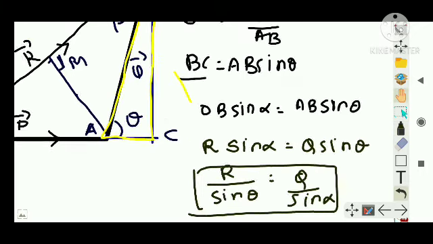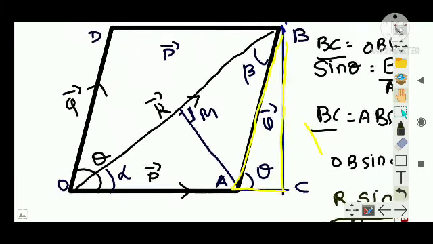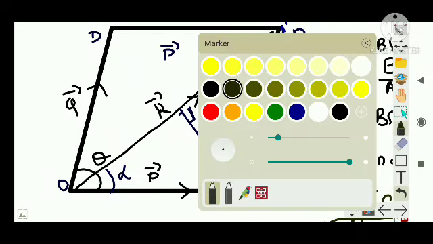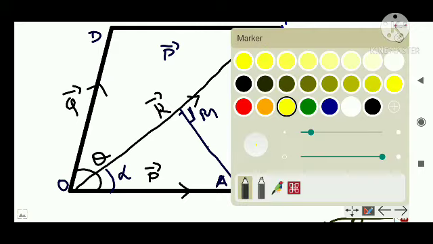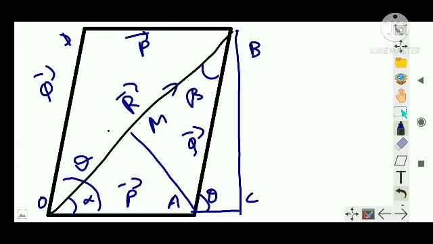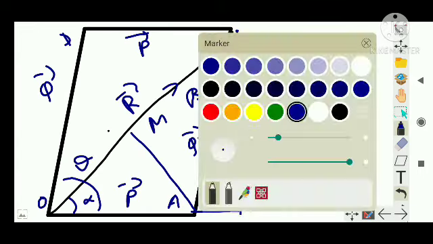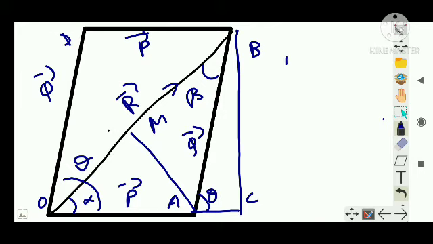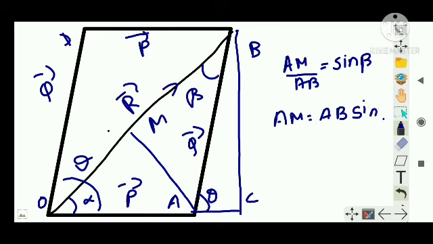Now I'm going to consider something else in the same figure itself. Let's consider triangle AMB, this one. What can I write as per the diagram? As you can see, AM by AB is equal to sine beta, or I can write AM is equal to AB sine beta.